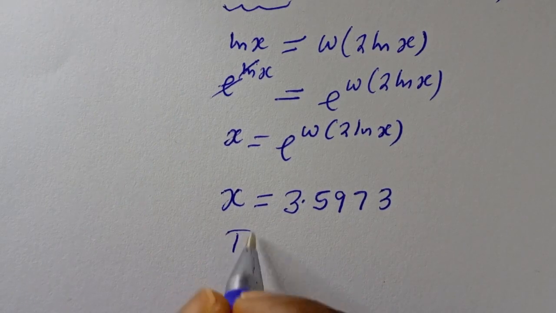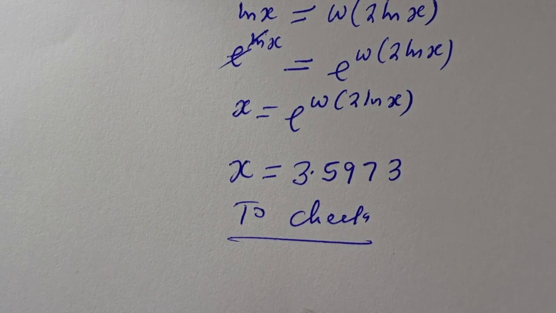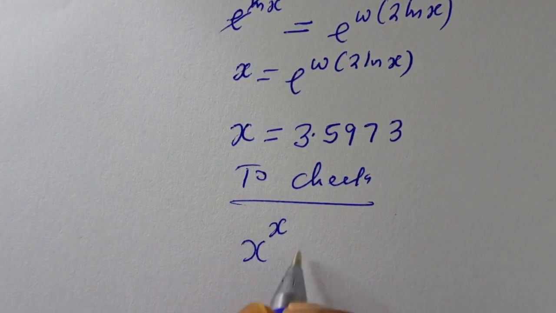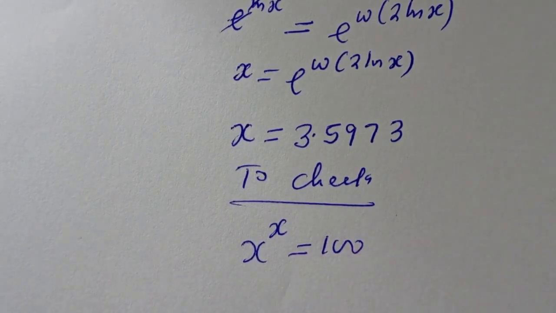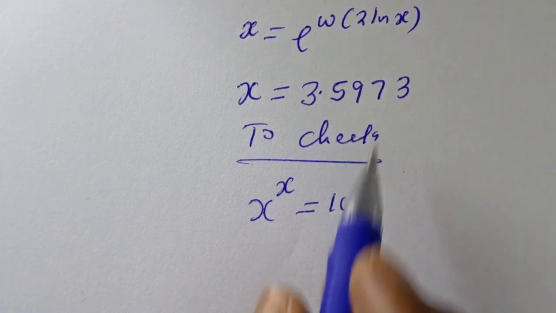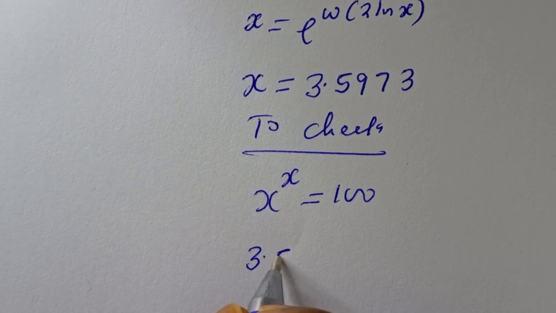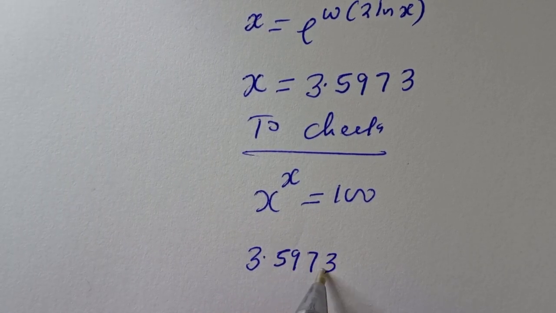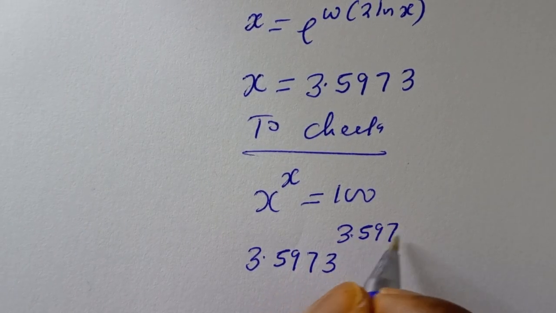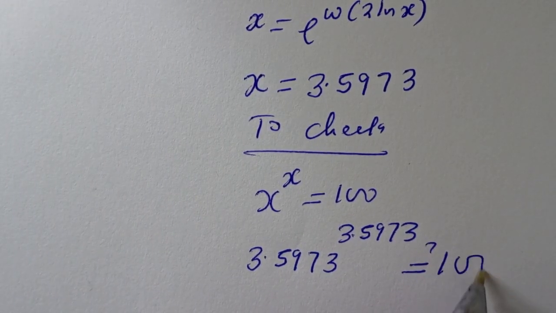Now we can check to confirm if our answer is right or wrong. To check, we have the given equation s raised to power s is equal to 100. Then when s is 3.5973, we have 3.5973 to the power of 3.5973 must be equal to 100.